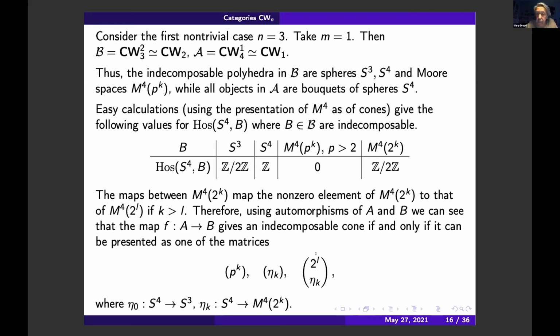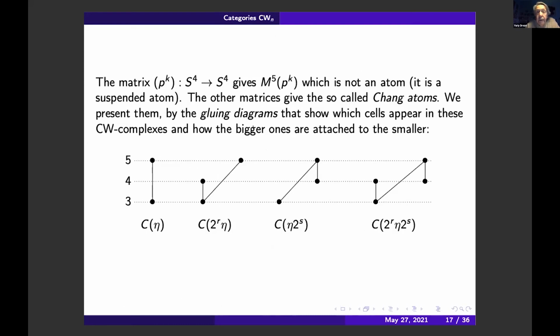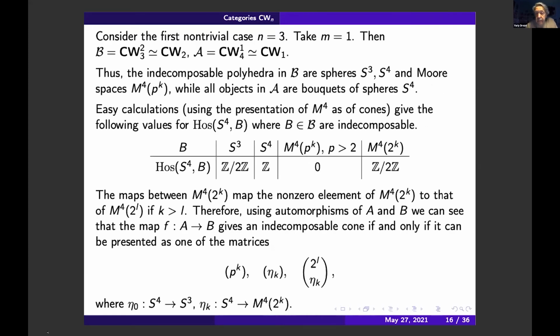Or it can also be such that B consists of a sphere and this one, or S3. And the map F has here 2 to L, and here we have eta. This one, p^K, gives a Moore space, which is not an atom here, because it has only 2 levels, and here we must have 3 levels.